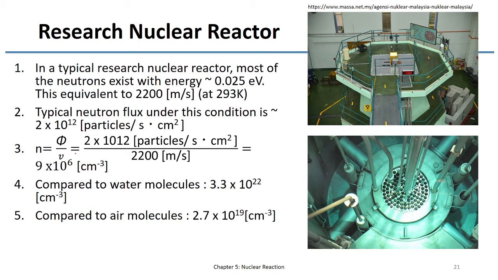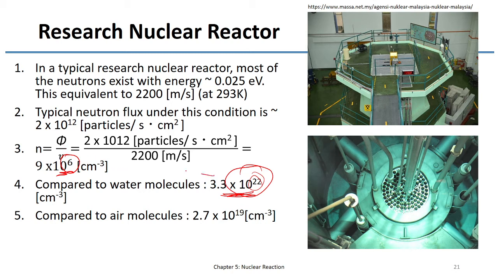If you compare this value with the density of water, it is far less. The density of water is in order of 10 to the 22, and neutron is in order of 10 to the 6.